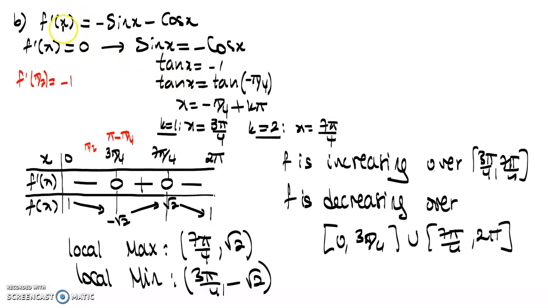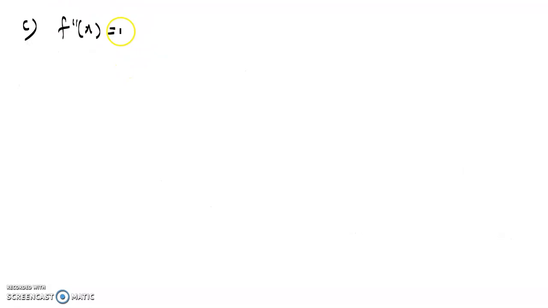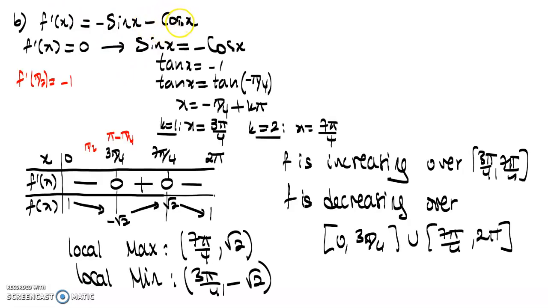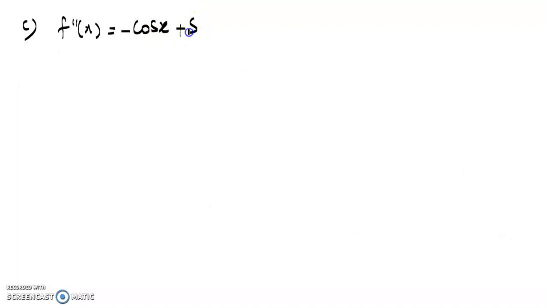So here for part C, I'm going to start by finding the second derivative, which is the derivative of f prime. Negative sine has a derivative of negative cosine, and negative cosine has a derivative of positive sine, because cosine has negative sine as its derivative, so it's plus sine x.